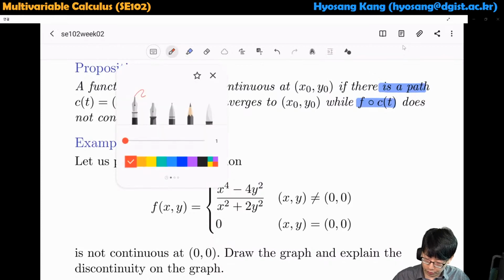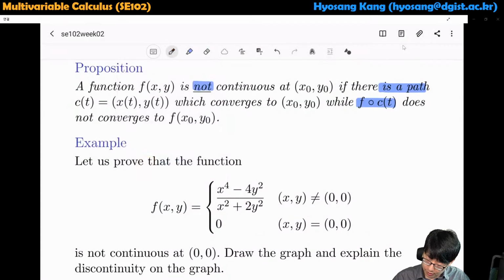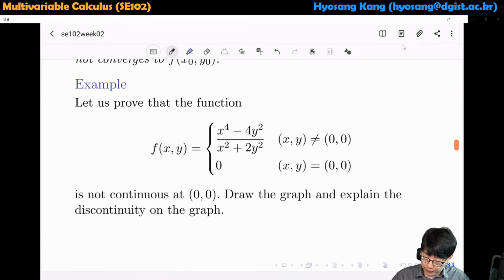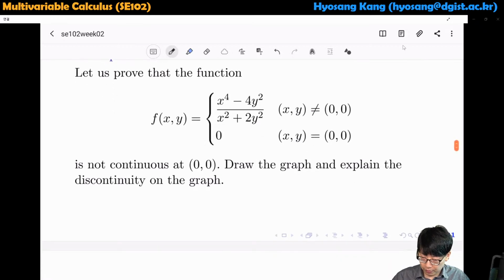So let's look at this one. I want to prove that this function, defined as follows, is not continuous. Whenever x, y are not both zero, this ratio is well defined. But when x, y are both 0, it's not defined because the denominator is 0. So we define the value of the function to be 0 by force. We want to show that this is not continuous at (0, 0).